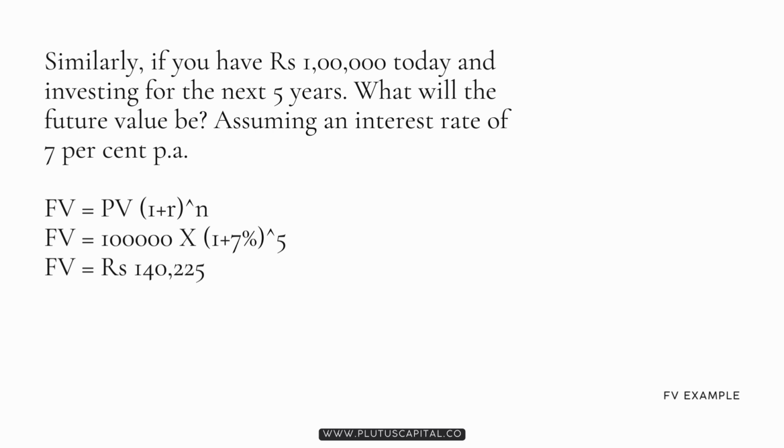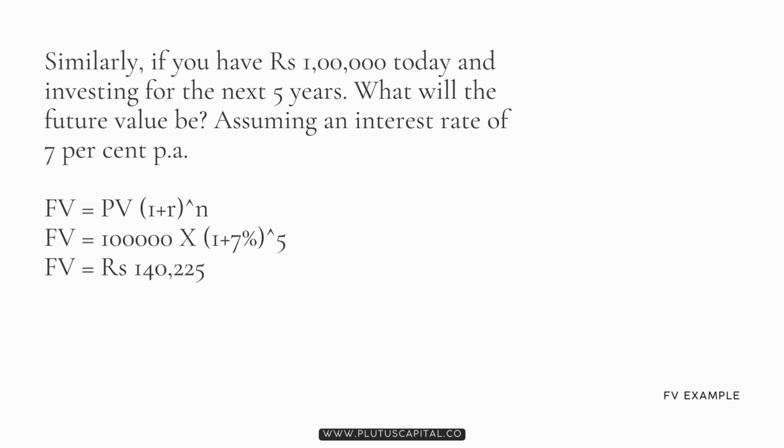This gives us a value of 1,40,225. So 1 lakh rupees today invested for 5 years at 7% per annum will be equivalent to 1.4 lakhs. The future value represents what something is worth at some point in time in the future.